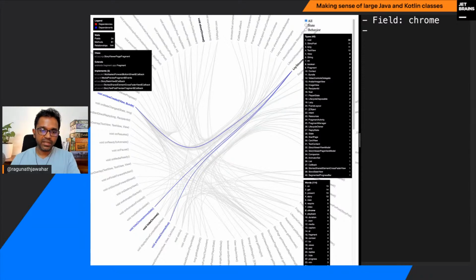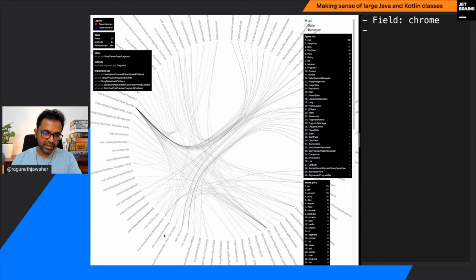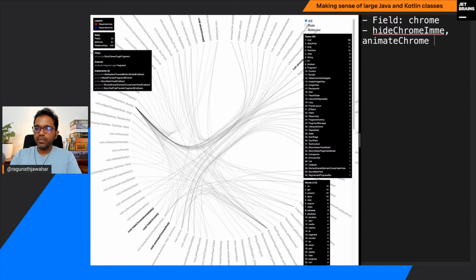So there is one other special relationship. But right now I would just say hide Chrome immediate and animate Chrome both depend on Chrome, right?